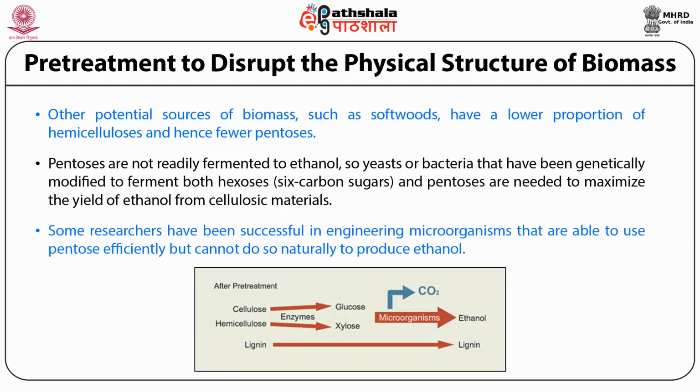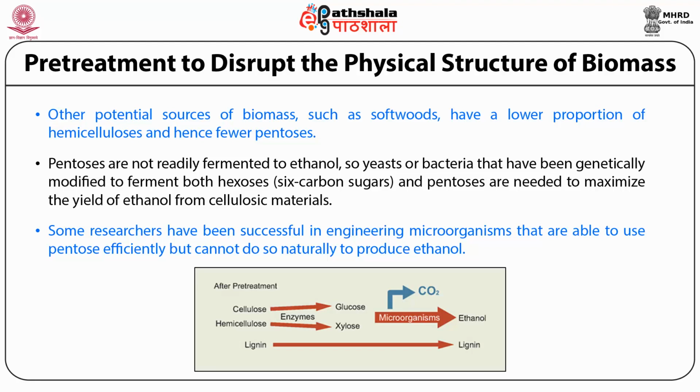Some researchers have been successful in engineering microorganisms that are able to use pentose efficiently, but they cannot do so naturally to produce ethanol. So this is the conversion of cellulose, hemicellulose and lignin into ethanol.